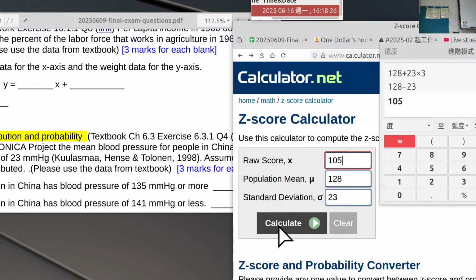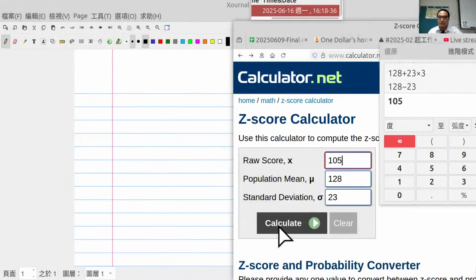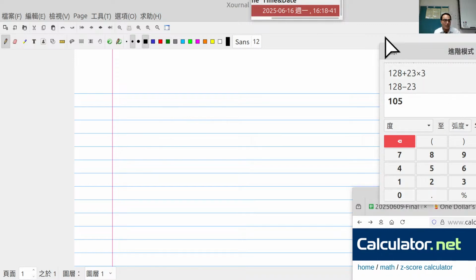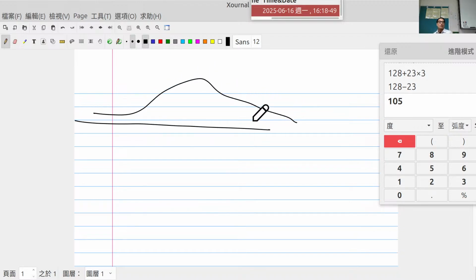Actually, let me explain this. As a normal distribution, oh, sorry, my hand drawing is very horrible, but I think you can understand this.